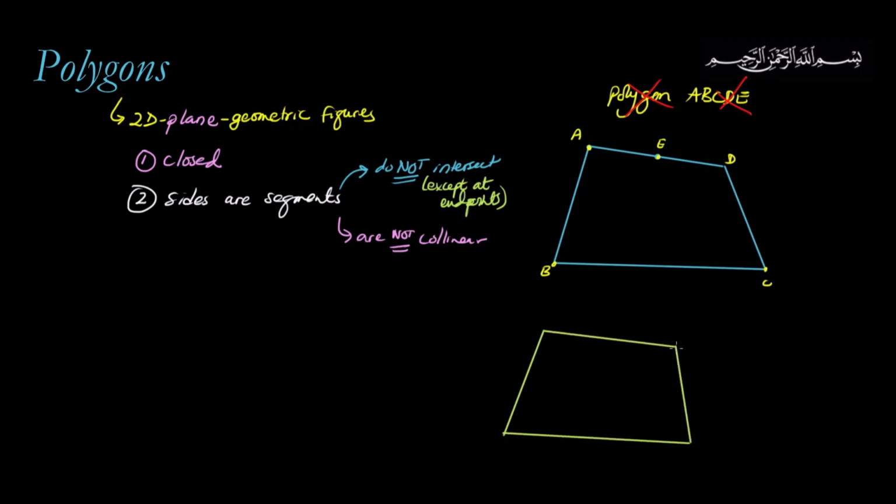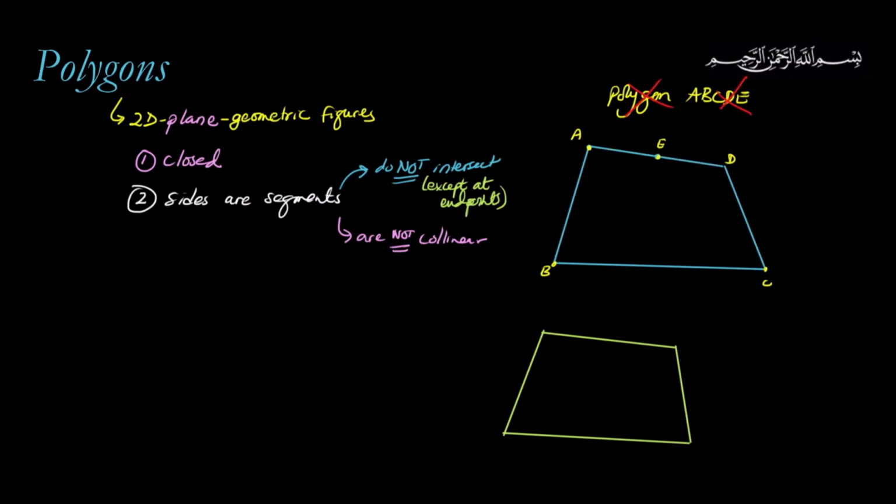Now this particular one looks very similar to the second figure I drew, but this is a polygon because nobody's claiming that this is a five-sided polygon. This is a four-sided polygon, and that's okay. But the point is that if you're claiming this to be a separate side from this, they cannot be collinear.